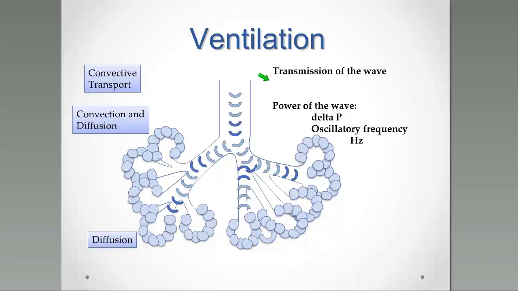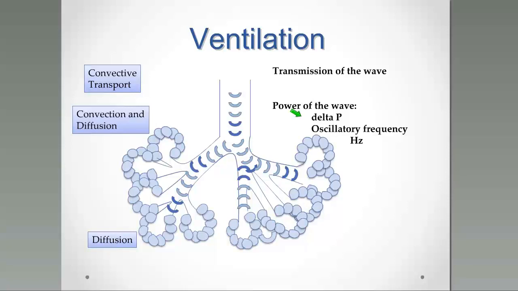And it is directly related to the volume during high frequency ventilation, what we call the high frequency tidal volume. This is directly related to the delta P. This is the power of the wave. The higher the power, the higher the volume during high frequency ventilation, and we are going to ventilate more.